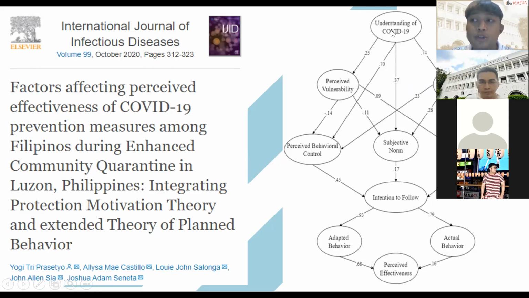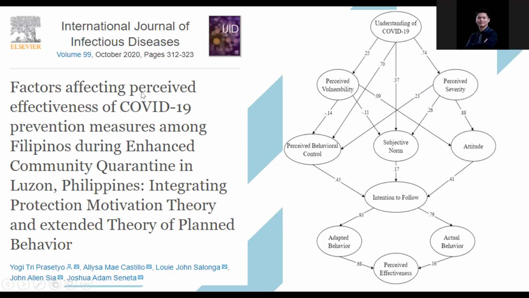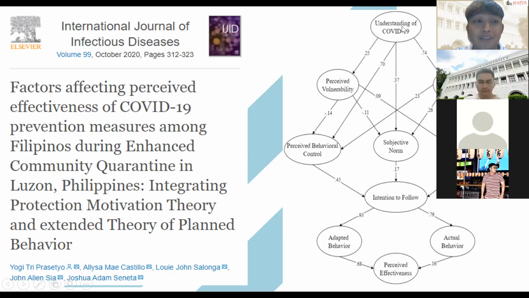Because in the past there was news that so many people did not believe in COVID-19, and they didn't wear masks, they didn't care, and they died because of COVID-19. First, they don't really understand what COVID-19 is, then they don't feel it's severe, they don't do certain behavior, and perceived effectiveness is very far. So at the end of my paper, I say quite strongly that if someone does not believe in COVID-19, then it will not go to perceived effectiveness.